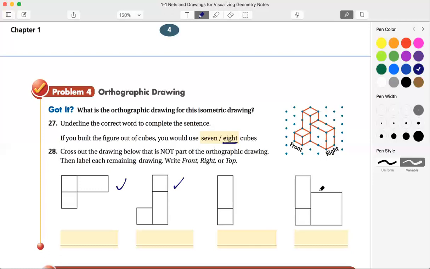This is this big one here, so that's in the figure. And this one is not there. This is along the top. Okay, so right here, do you see how this is along the top? This one here is along the right. This one here is along the front. And this one is not there, so we're going to cross it out.